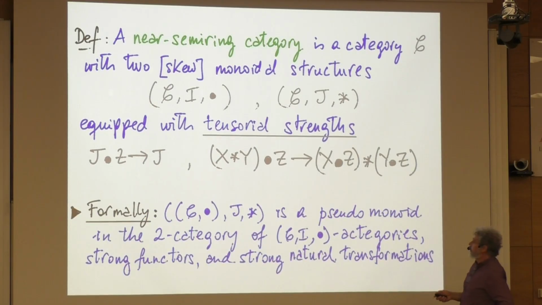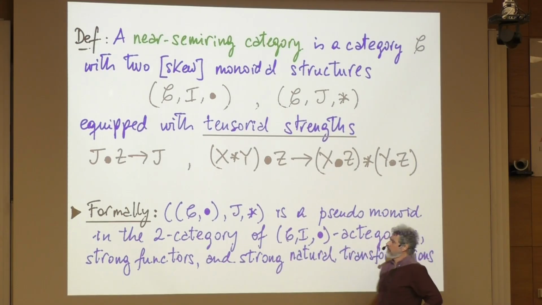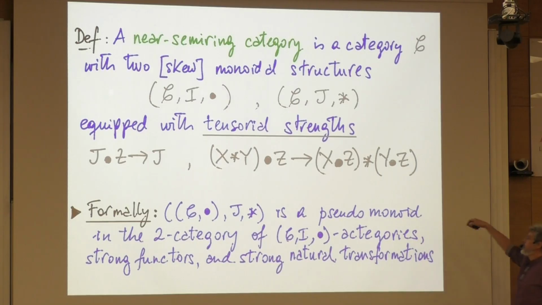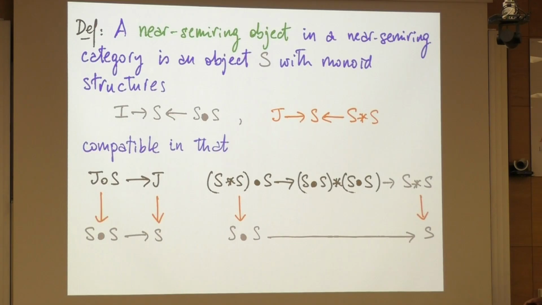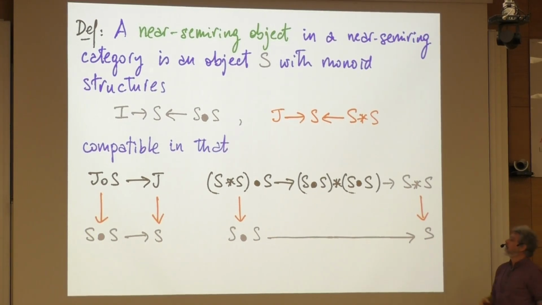If you want a formal definition, really what we are looking at is pseudomonoids in a suitable 2-category, but never mind. You can also write down the coherence by hand. And so what is now an object in a near semi-ring category that has two compatible substitution structures? It is in fact a near semi-ring object.